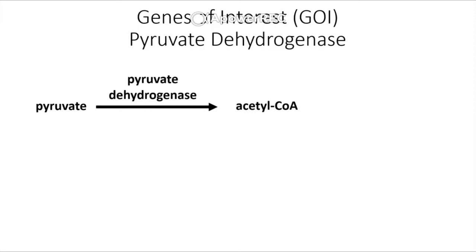And this is the first step prior to entering the TCA cycle. This conversion of pyruvate to acetyl-CoA is done by the enzyme complex pyruvate dehydrogenase. What we hope to accomplish in this lab is to make more acetyl-CoA.